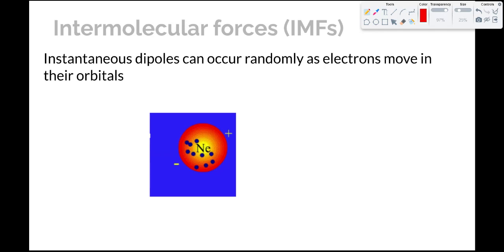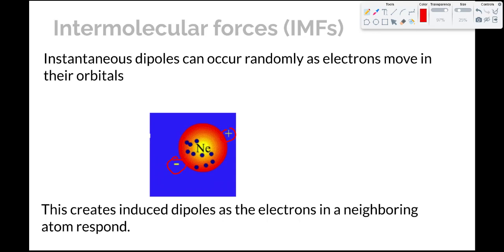In a neon atom, which is totally neutral, the electrons in the neon might find themselves just by chance on one side of the atom rather than the other. That sets up an instantaneous dipole because the electrons happen to just randomly be on this side. That side is more negative, and because they are not on that side, it's more positive.